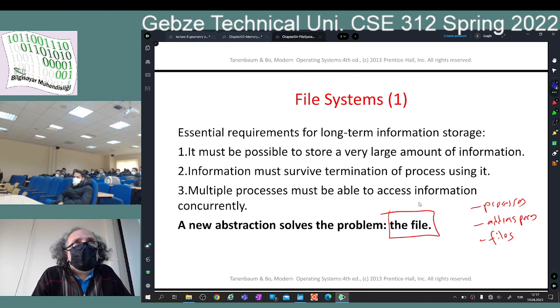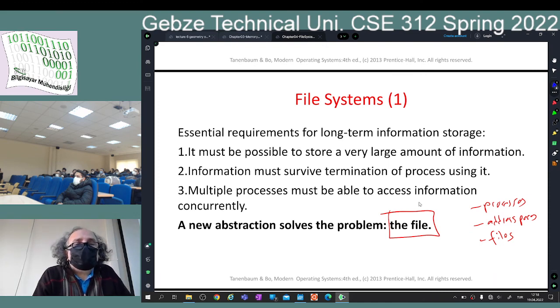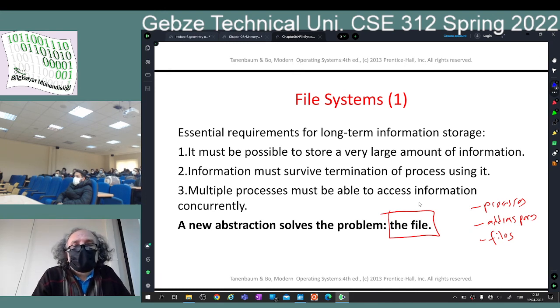So we need to store our data in a place that will not go away when the power is off. And we need to store this data in a way that many processes can share, modify and read the same data. So we are going to invent this new abstraction. It's called a file. Once you create this abstraction mechanism, then we can talk about file systems.